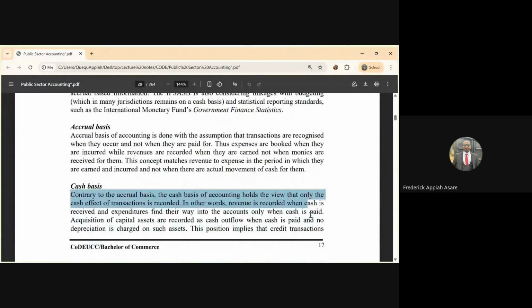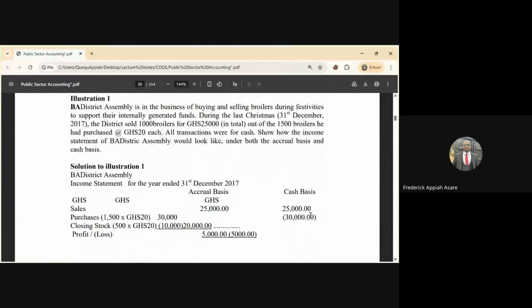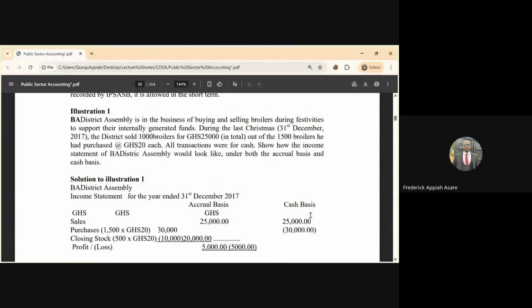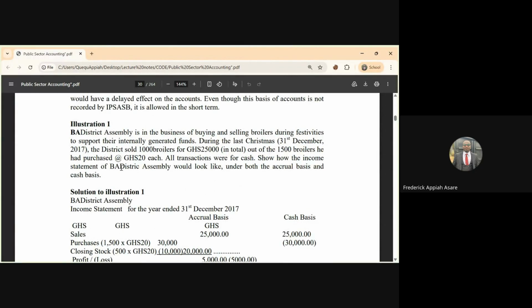So you can look at this illustration, which differentiates between the accrual basis and the cash basis. A district assembly is in business during the festive season. During last Christmas, 31st December 2017, the district sold 1,000 beds for 25,000 cedis in total.